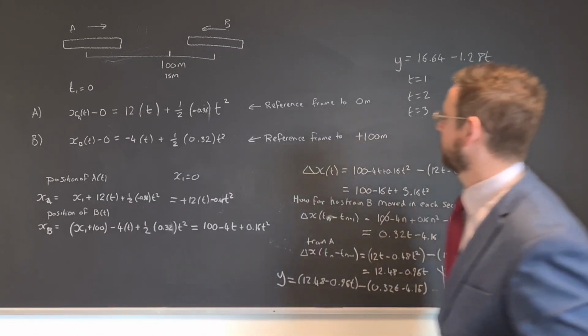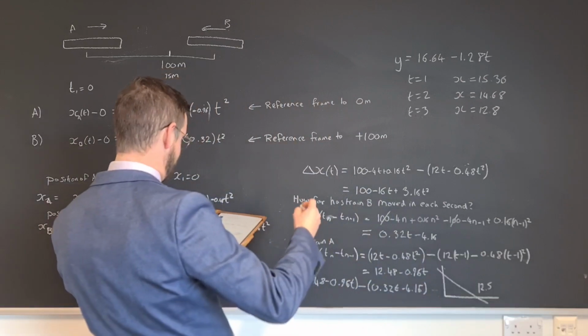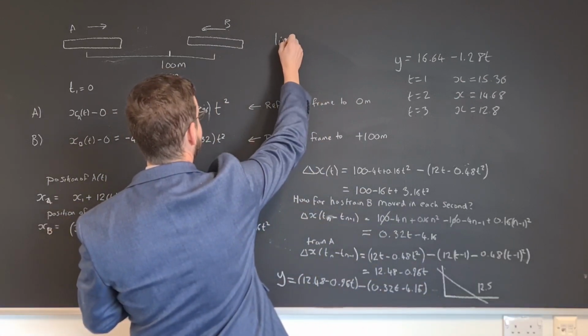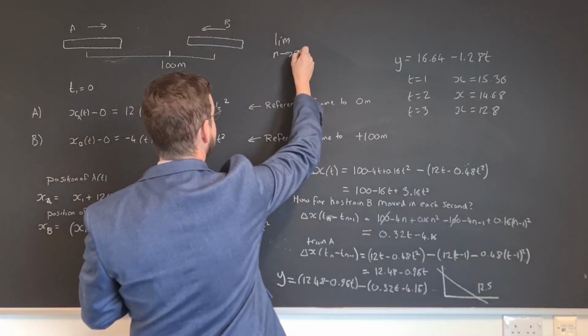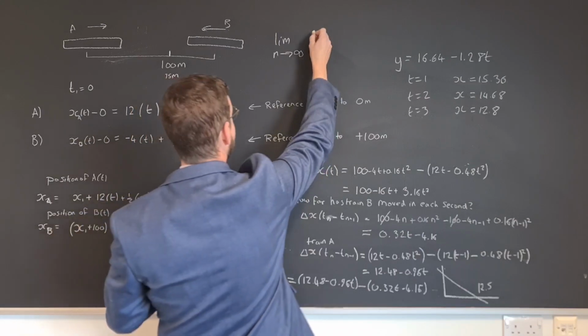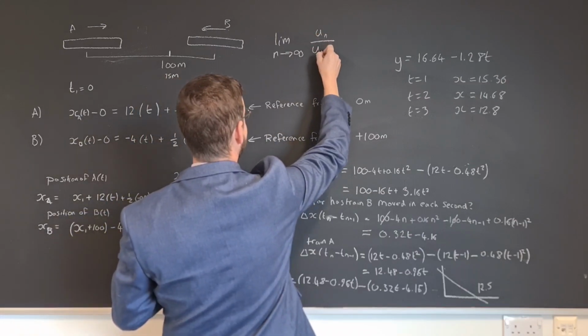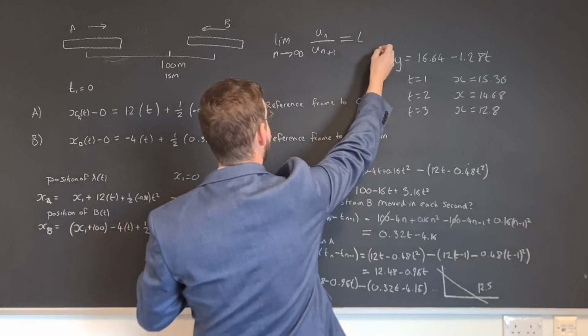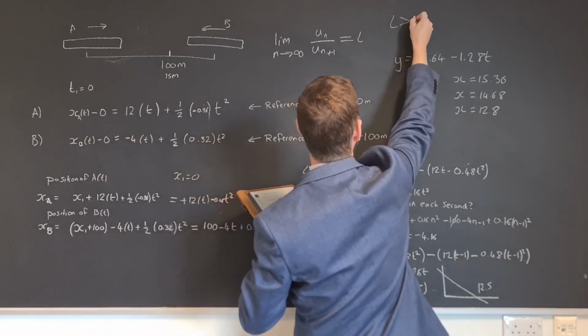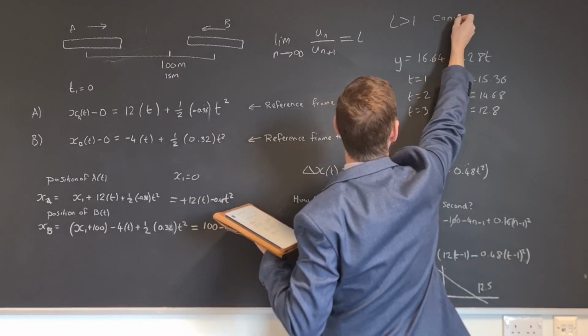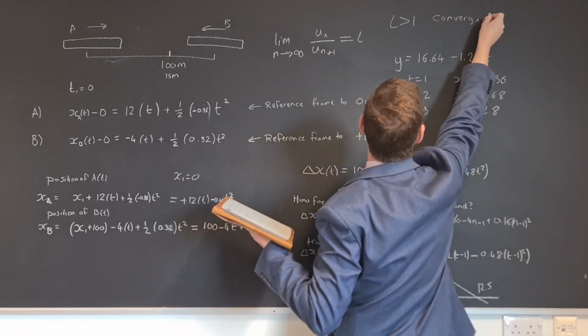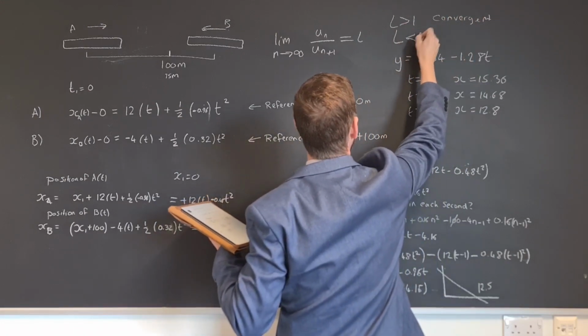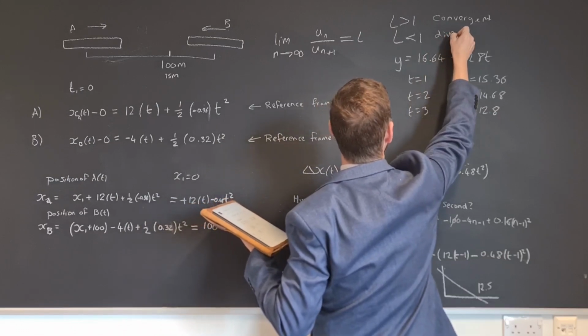So D'Alembert's ratio test, which was in the limit of n going to infinity, the particular term divided by the next term has got to be equal to L, where if L is greater than 1, it's convergent. If it is less than 1, it is divergent.